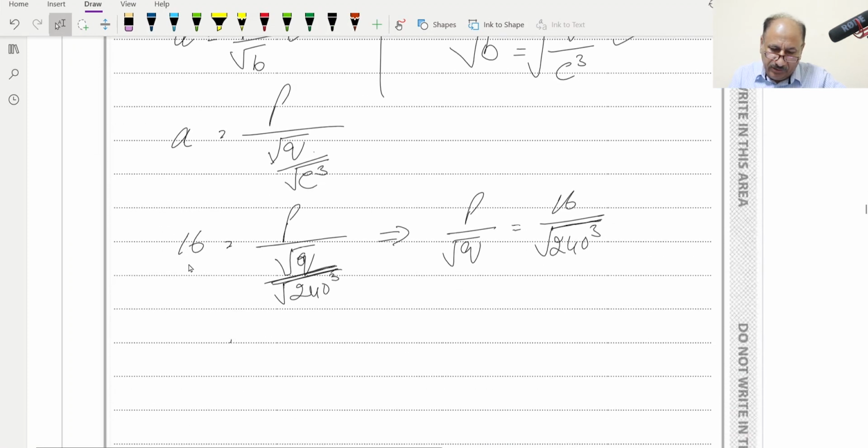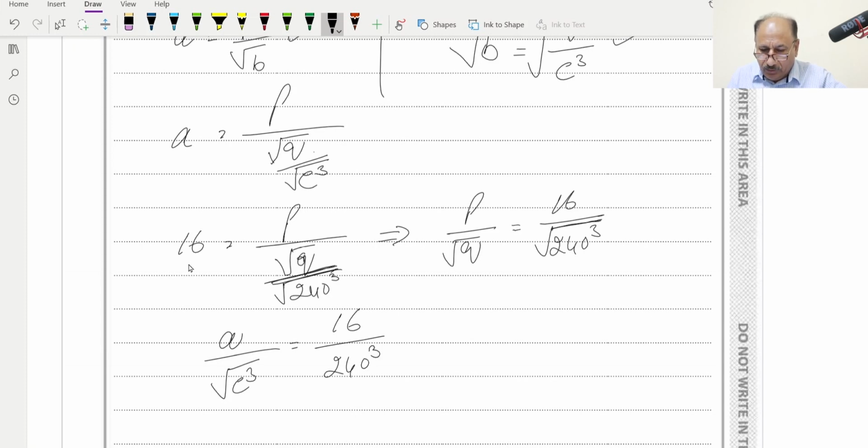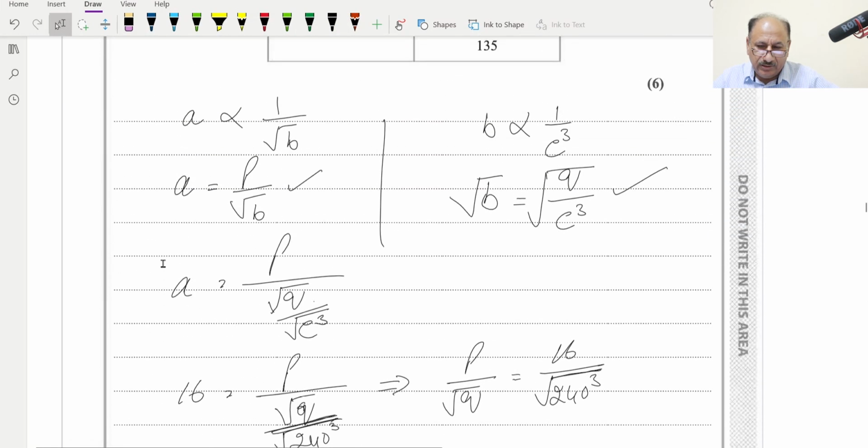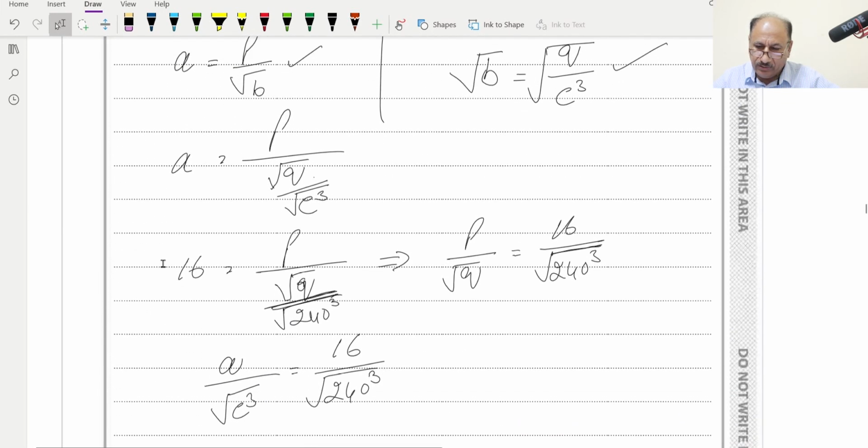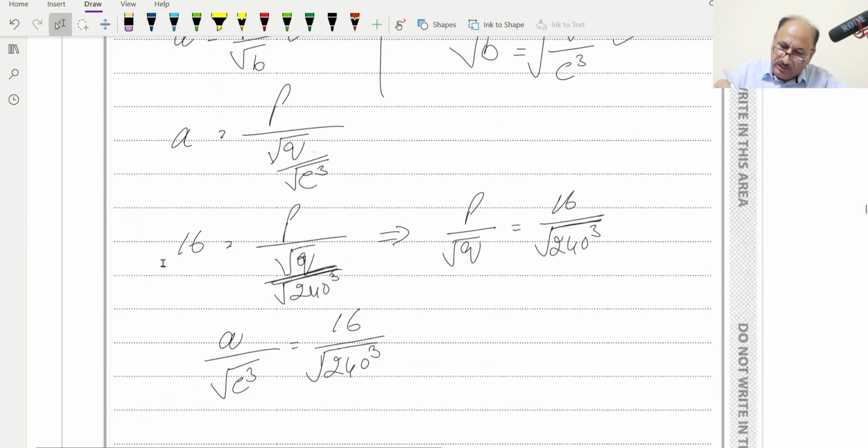So a over the square root of c cubed is equal to 16 over the square root of 240 cubed.